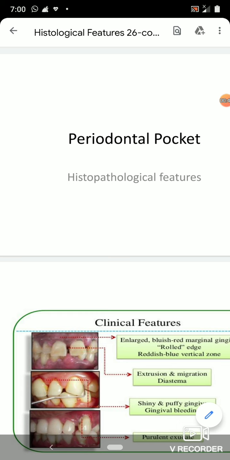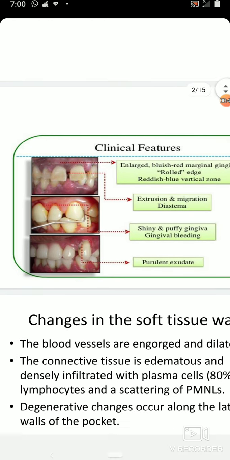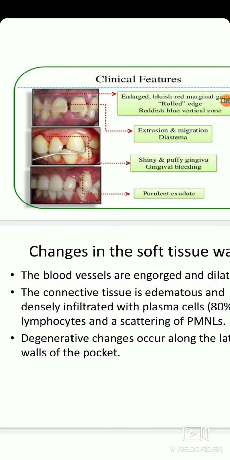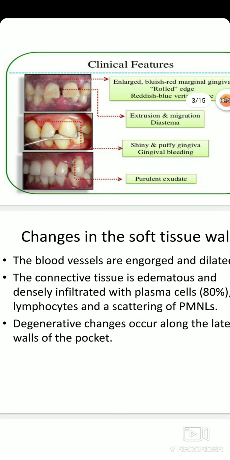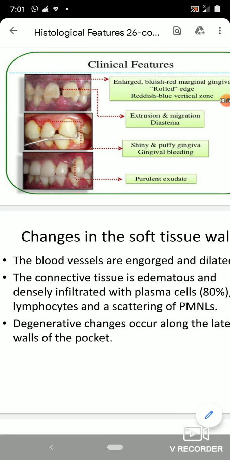So changes in the soft tissue wall of the pocket can be studied in the histology based on the clinical features. Clinical features include the enlarged gingiva and bluish red marginal gingiva, rolled out edges, bluish red vertical zone extending from the margin till the attached gingiva, extrusion and migration of teeth, shiny and puffy gingiva, gingival bleeding, and purulent exudate.